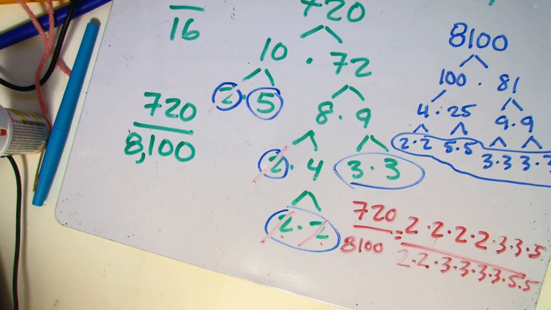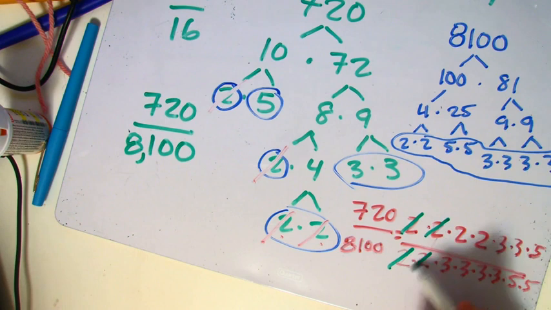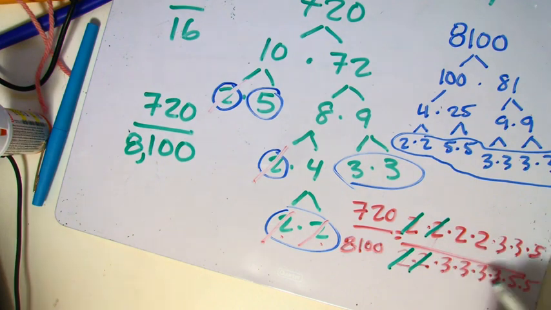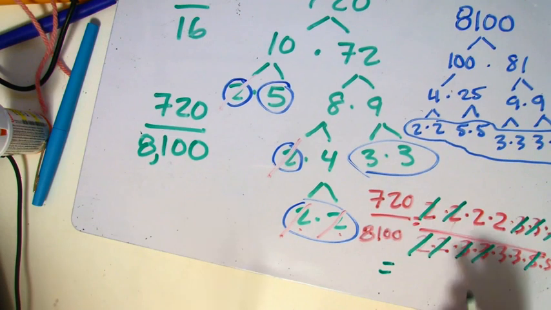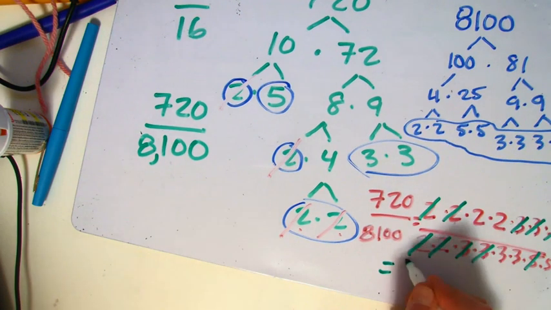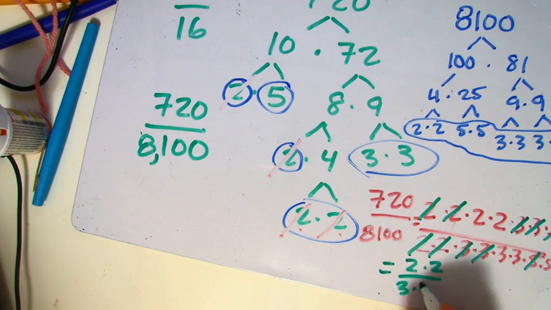And then I'm going to cancel my common factors. I don't have any more 2's here, but I have some 3's and I have a 5. Now what's left, and I'll write that out, I've got 2 times 2 over 3 times 3 times 5.